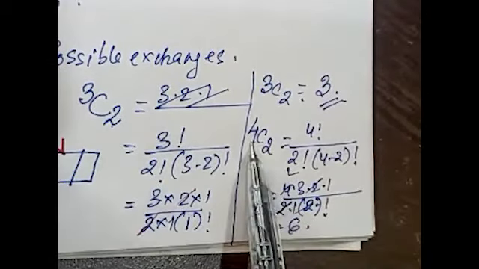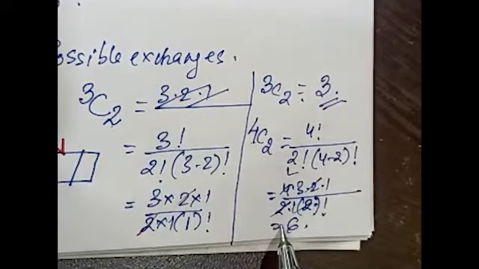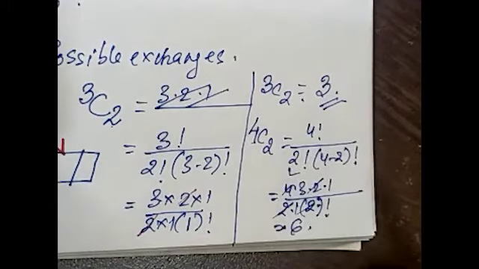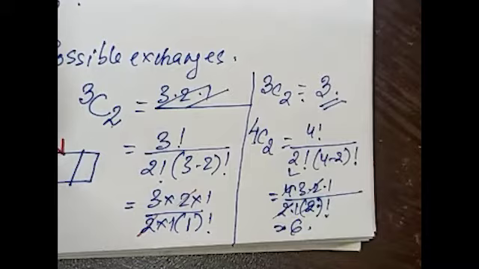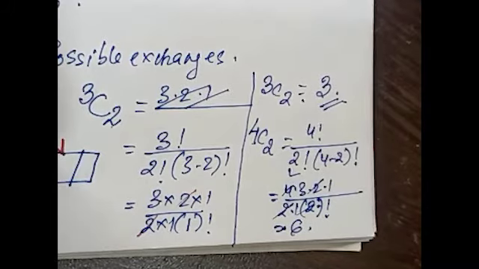Okay, so if the number of possible exchanges increases, then the energy released during the exchange shall also increase. If that increases, then the stability also increases.